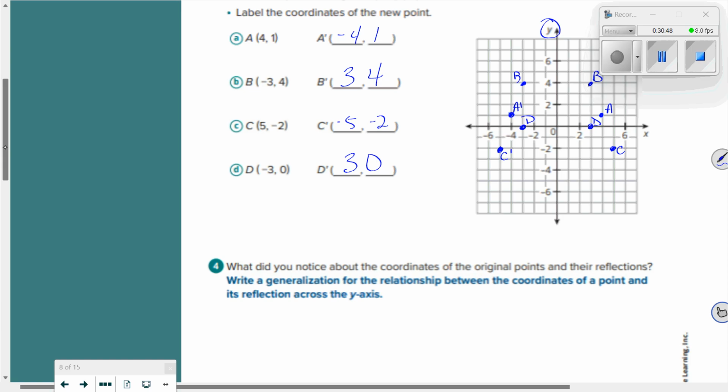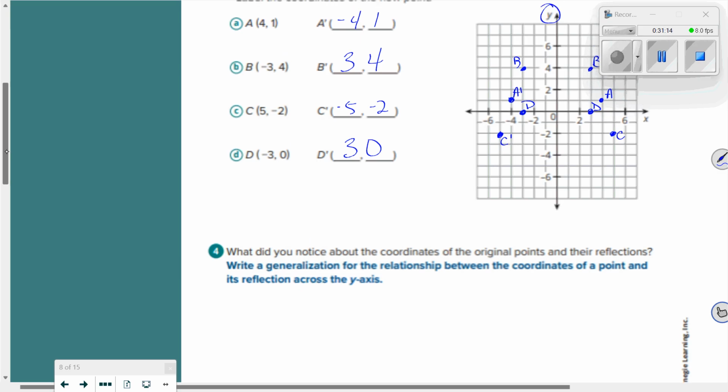Rain? What symbols? All the negative and positive. And how do they change? No, like opposite. Oh, opposite. That sounds really familiar. But what changed? Was it the x or the y?